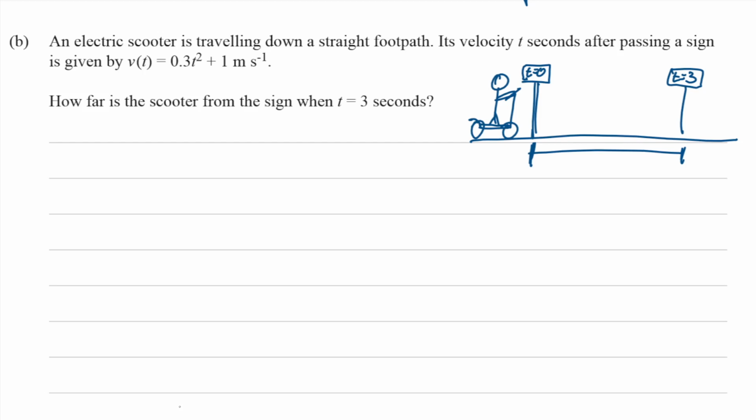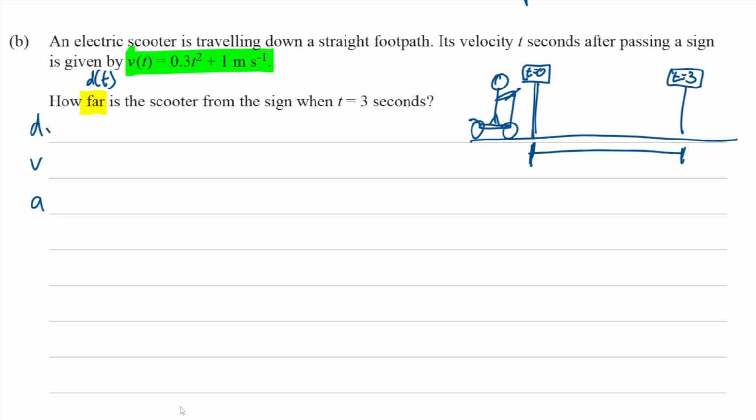All right, so we are given the velocity function. We are looking for a distance, right? Far meaning a distance. So this is a kinematics problem because it's dealing with motion. And for a kinematics problem, we can relate distance, velocity, and acceleration through calculus.